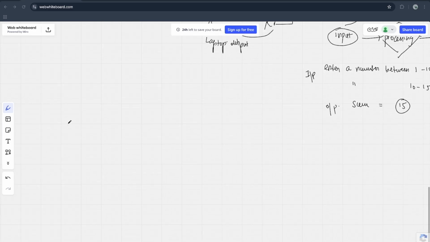So what is actually a program? Before getting into what a program is, we just need to know why programming languages really exist in computers. You see, when humans are communicating, what languages do they use?